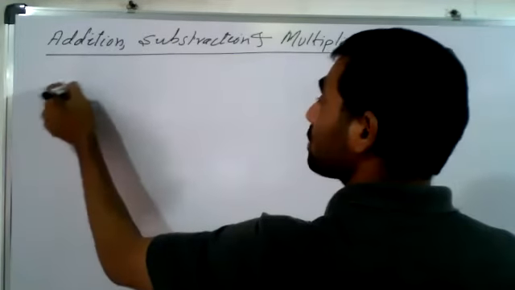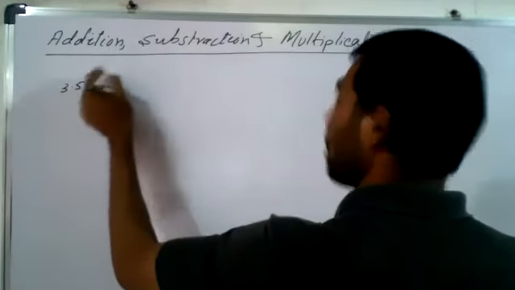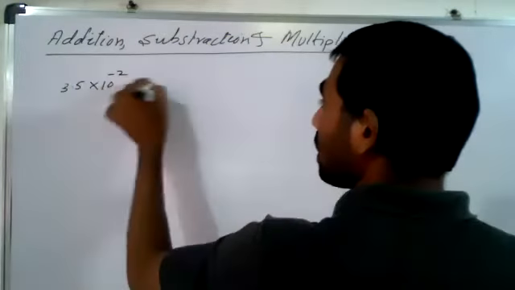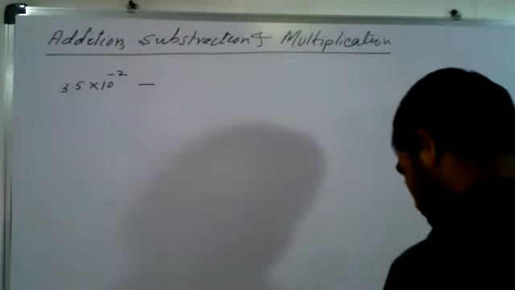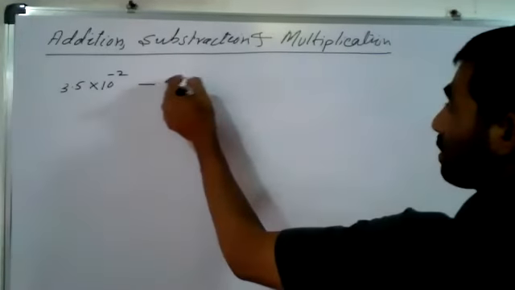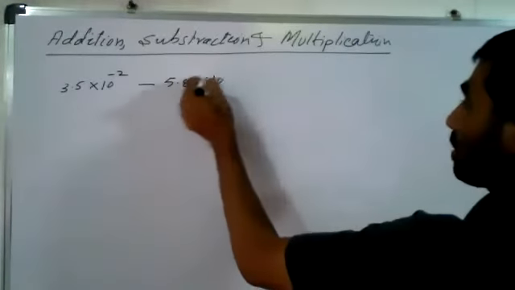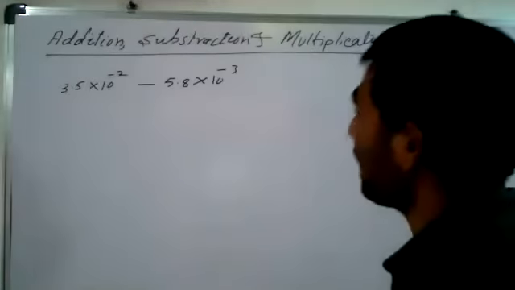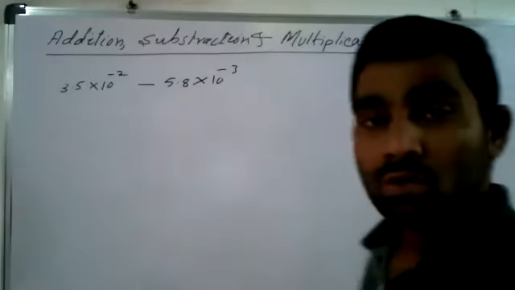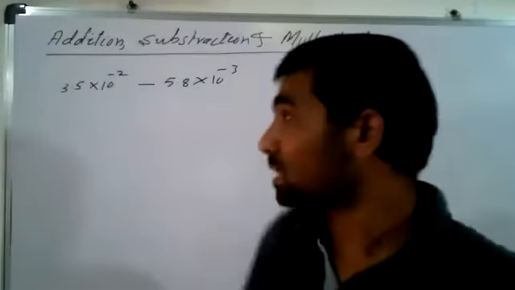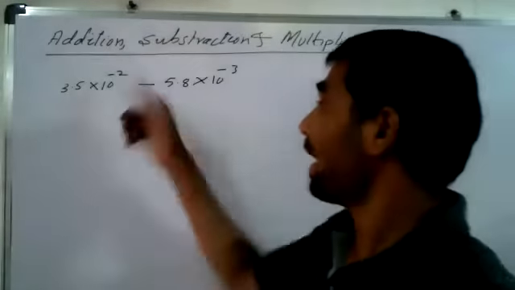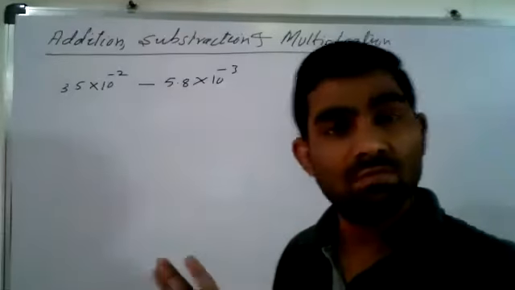One is 3.5 into 10 to the power minus 2, and this minus 5.8 into 10 to the power minus 3. This is the value we had before. What does the rule say for subtraction also? First, the exponent value should be the same.